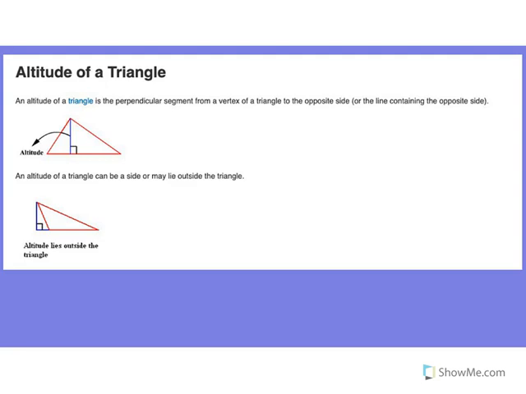So the altitude, and I'm saying this like this because we're learning a couple different pieces of vocabulary here today, runs and is perpendicular. It could be outside the triangle too. From the vertex perpendicularly, it could actually make a bigger triangle, if you will.